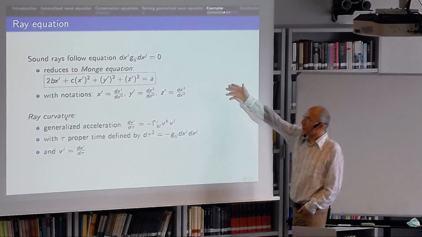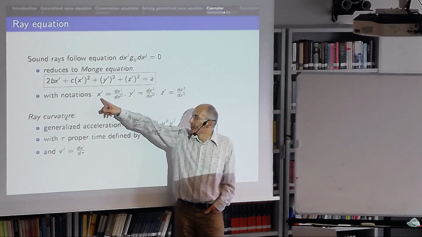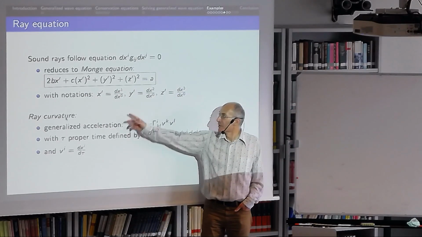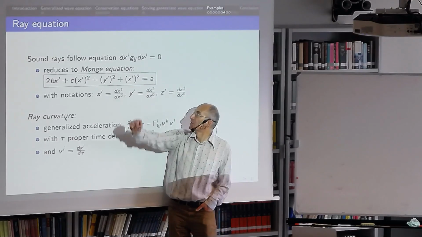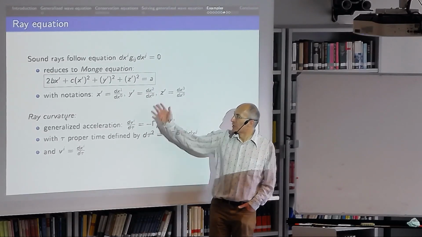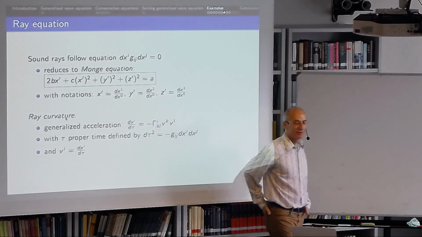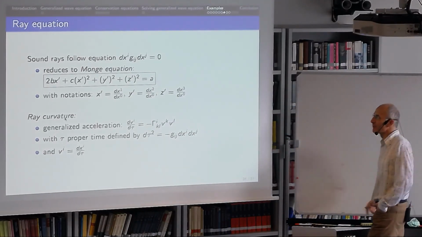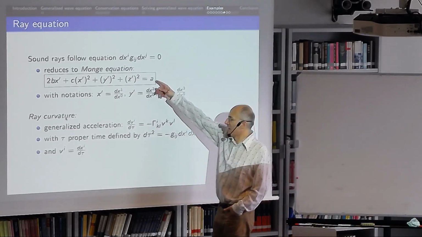If we introduce the notation here, which are the time derivatives, so velocity, this is known as the Monge equation. But from there, it's not very easy to find the equation of the rays, especially when A, B, and C are changing.